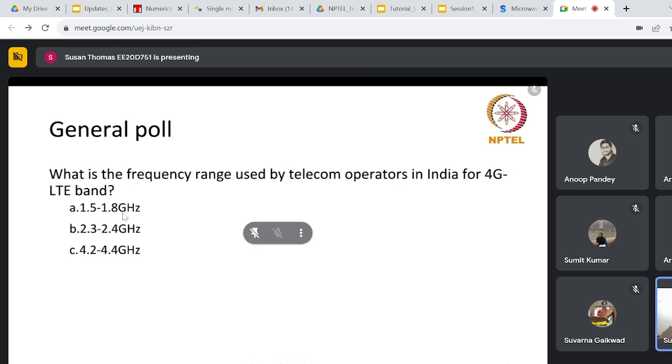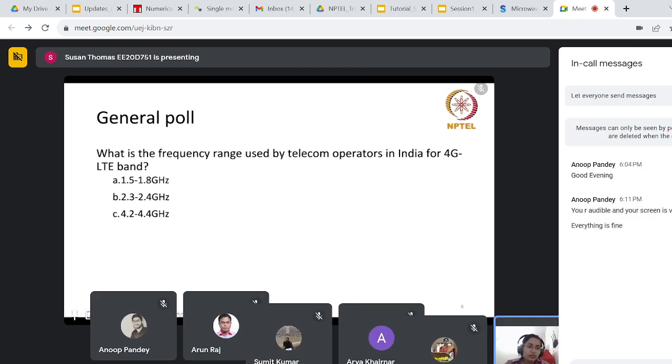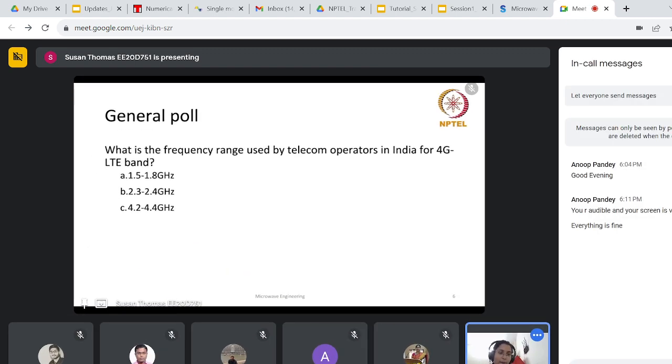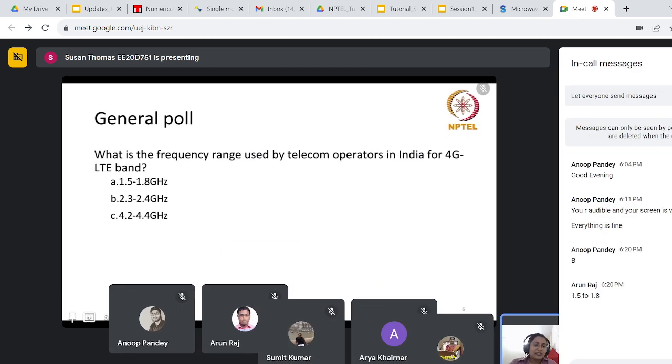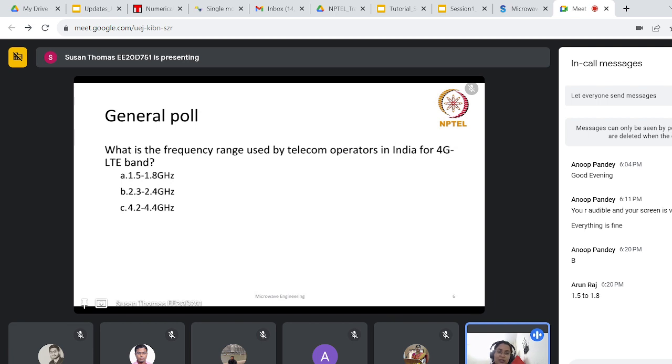I have given you some options. Just think and type in your answers. This is basically an MCQ, so you can answer A, B, or C. It's not a numerical question.